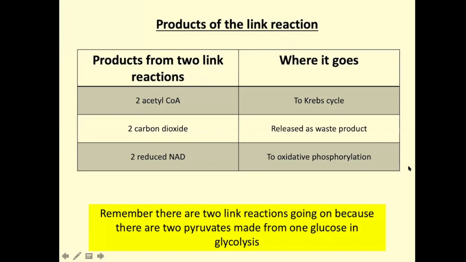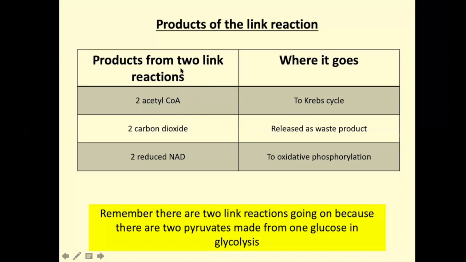So this is still a recap. The link reaction makes 2 acetyl coenzyme A molecules, the ethanoate ion combined to the coenzyme, which is going to be transported to the Krebs cycle.